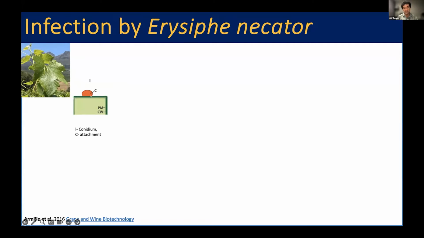A single spore, probably at the beginning of the season an ascospore, which is a sexual fruiting body that I'm going to show you more about, can land on the surface of the leaves early in the season, when the shoots are at a certain stage and the temperature is right.